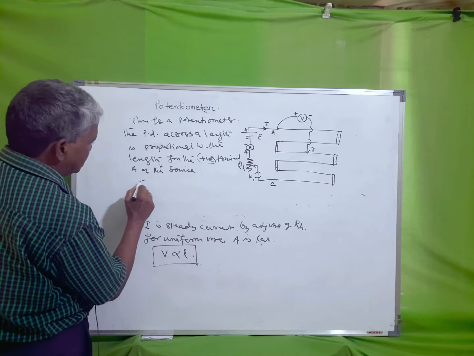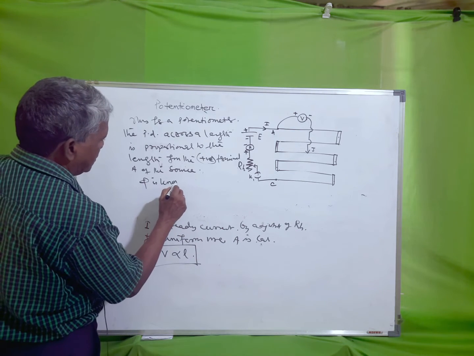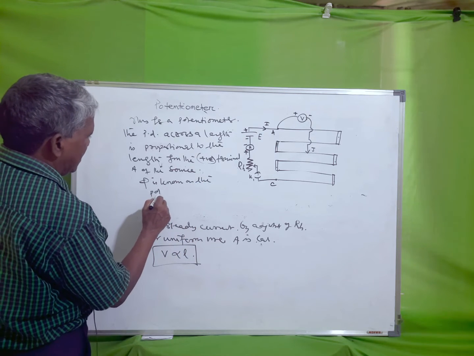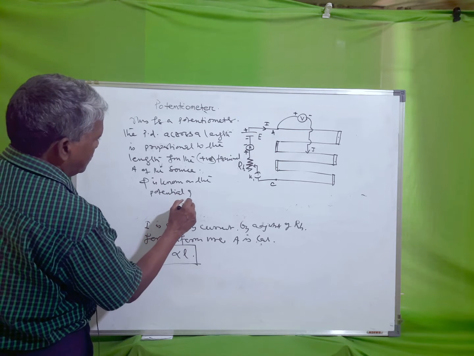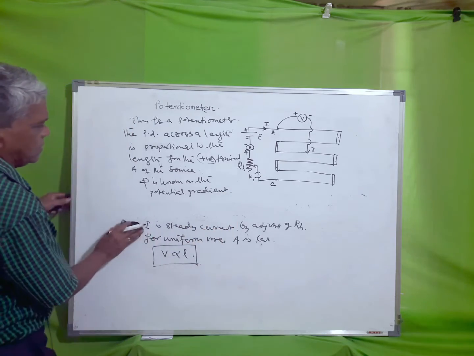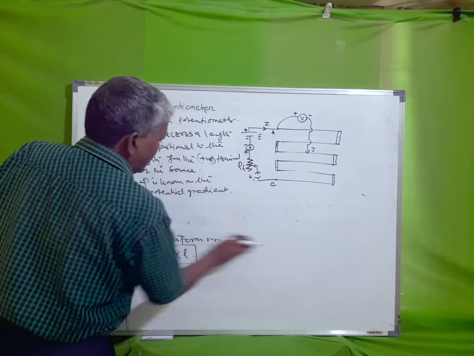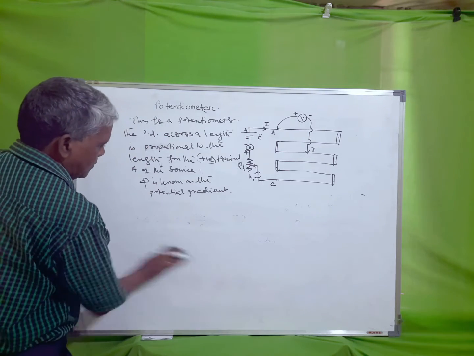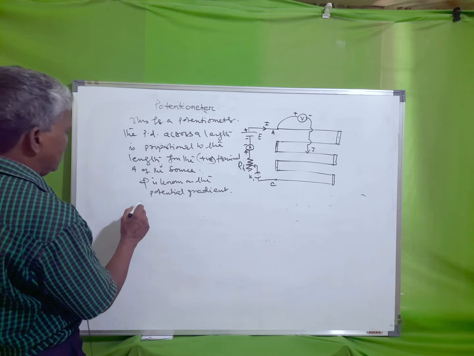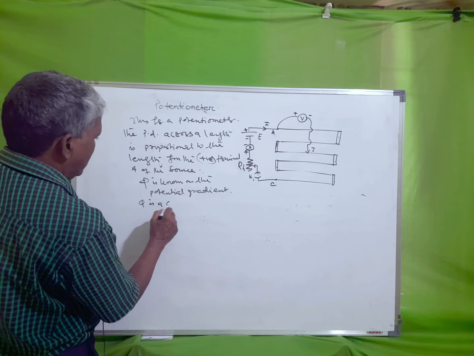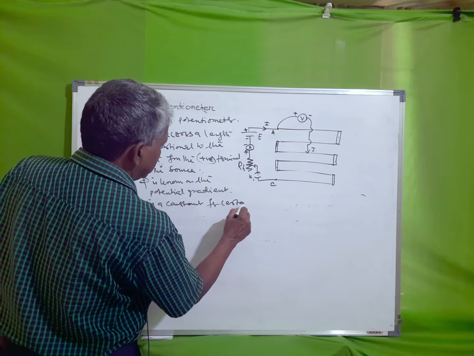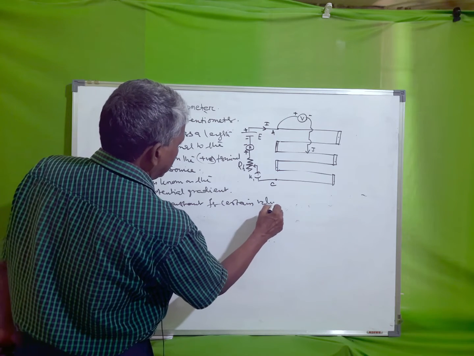Phi is known as the potential gradient. It is a constant for a certain value of current, which is variable.